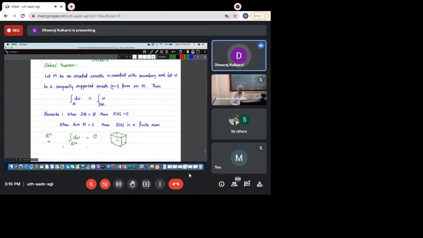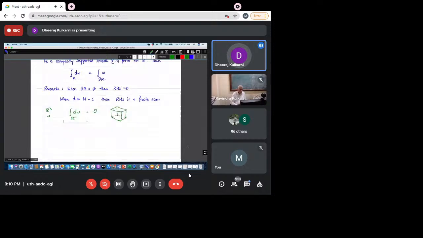If you understand the case in Rn, the statement means just that if you have a compactly supported function and you integrate its derivative, its integral will be 0, because you have to just take the difference of values of f on various sides.